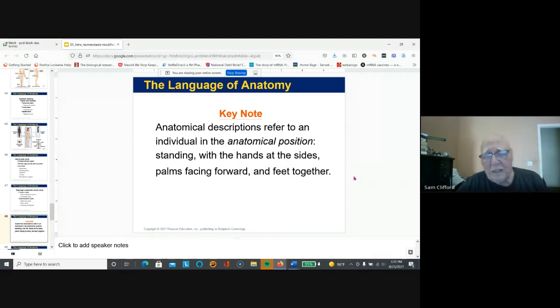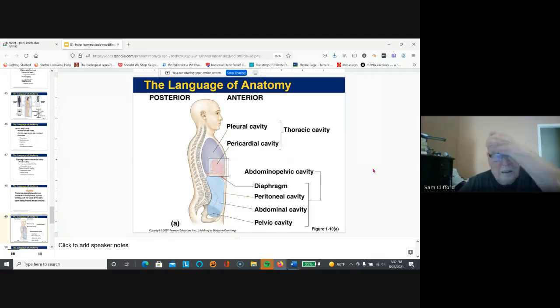Okay, so all these things they're talking about, we just talked about anatomical position, which means that the person is standing with hands at side, palms facing forward, and feet together. Okay, so we talked about the thoracic cavity and the abdominal pelvic cavity. It's separated by the diaphragm.